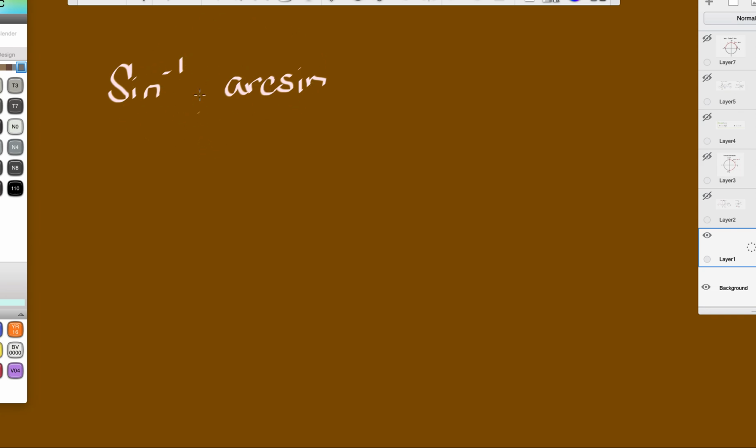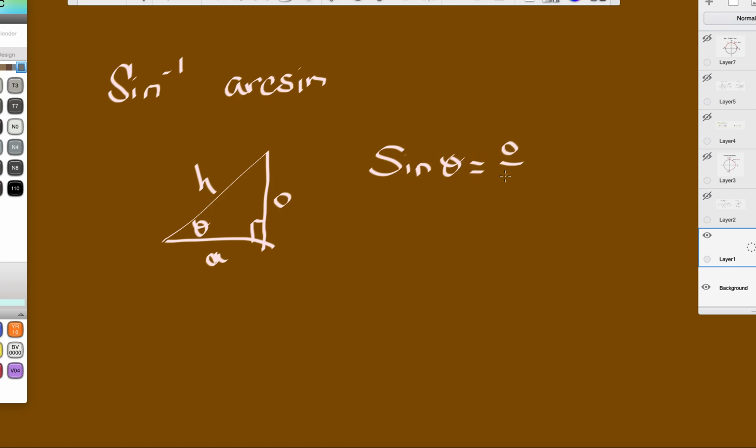When we're talking about the sine of an angle, remember back when we were just looking at right triangles, looking at an angle here. We had opposite and adjacent, and we said the sine of the angle, sine theta, is opposite over hypotenuse.